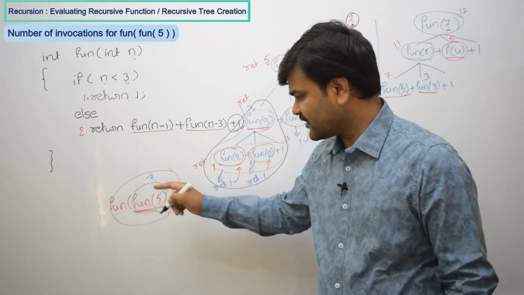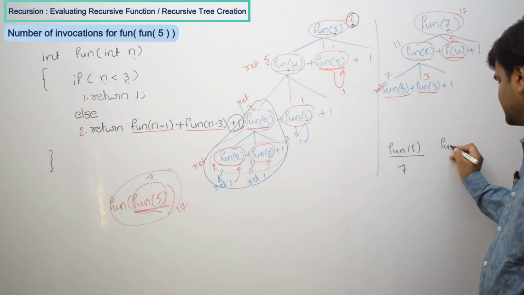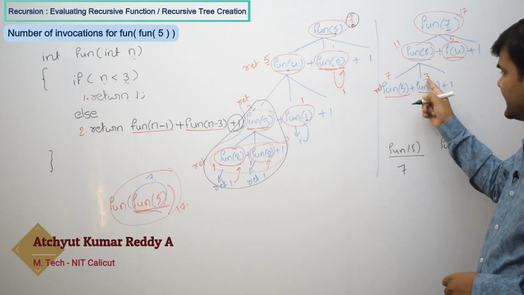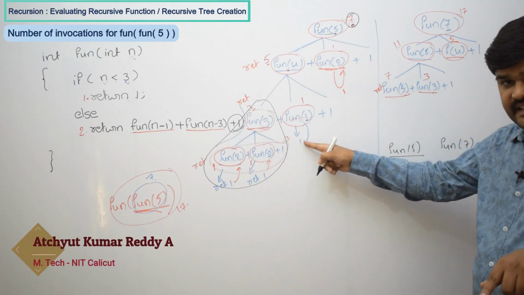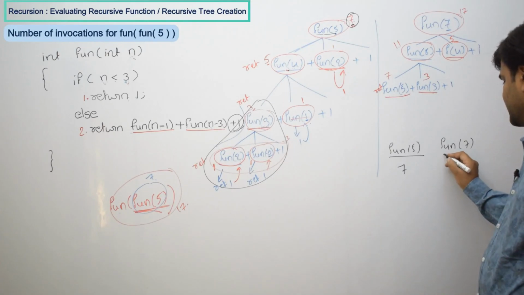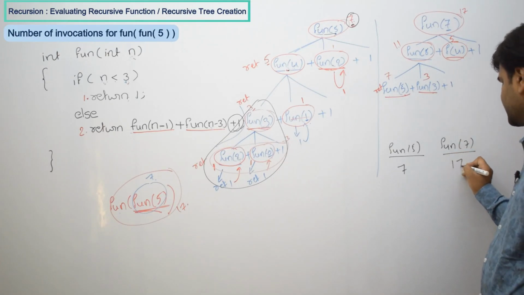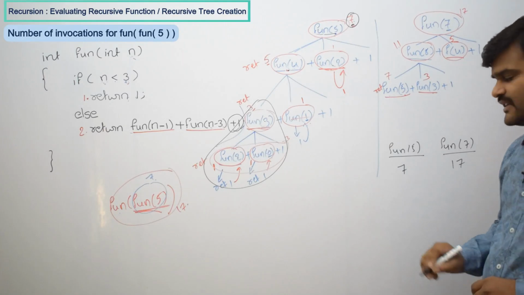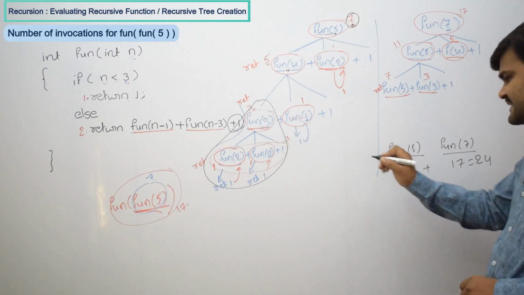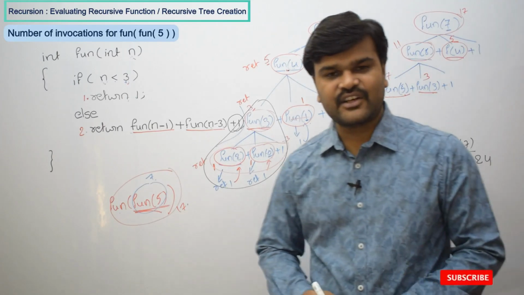Now again the function call with fun of 7. Though we took these values directly from this recursive tree, it is going to execute completely. That means a total of 17 function calls is going to happen actually. So the total function calls is 17 plus 7, 24 function calls.